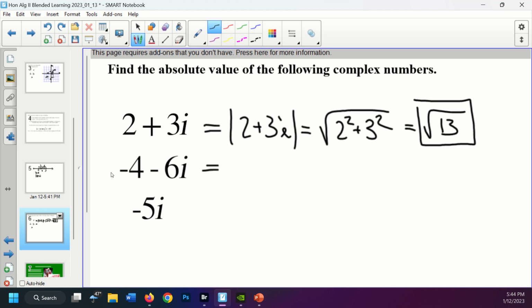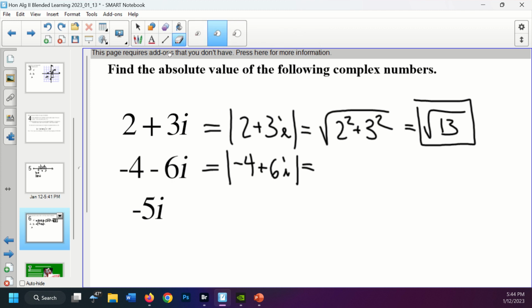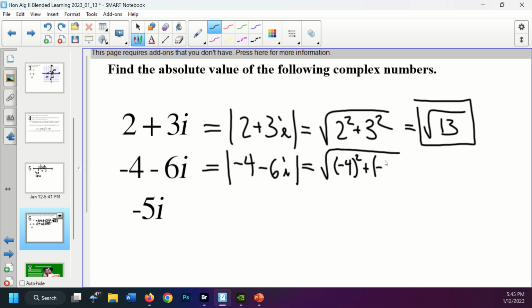Similarly, if I take negative 4 minus 6i and I take the absolute value of that, it's going to be the square root of negative 4 squared plus negative 6 squared.